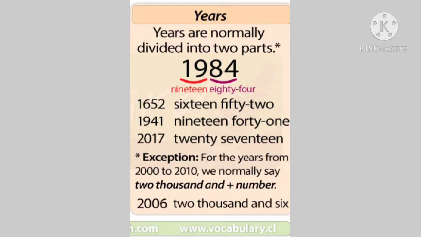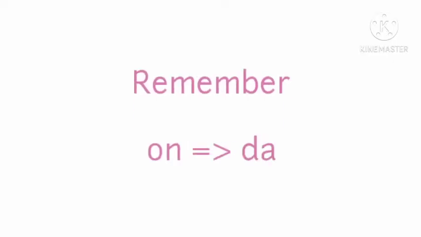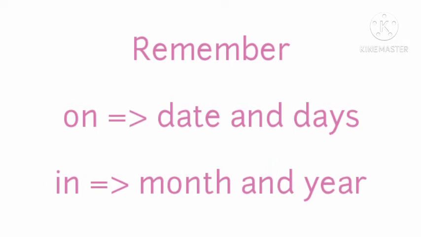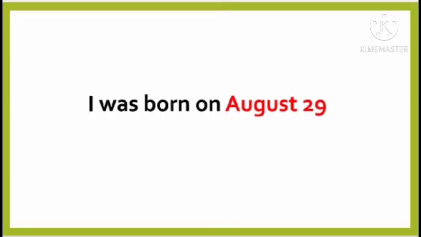And remember that we use on to say dates and days, and we use in to say months and years. So how to say this? Yep, you are right. If you are starting by saying the date, then it should be on the 29th of August.